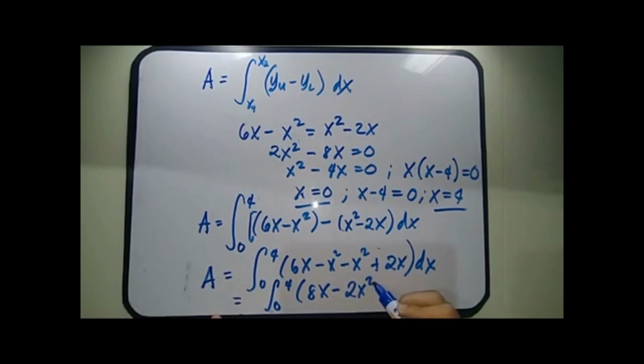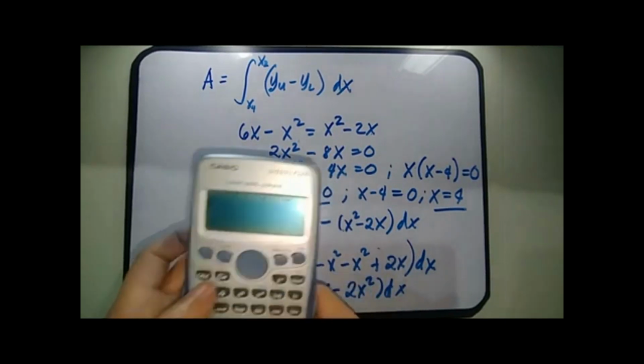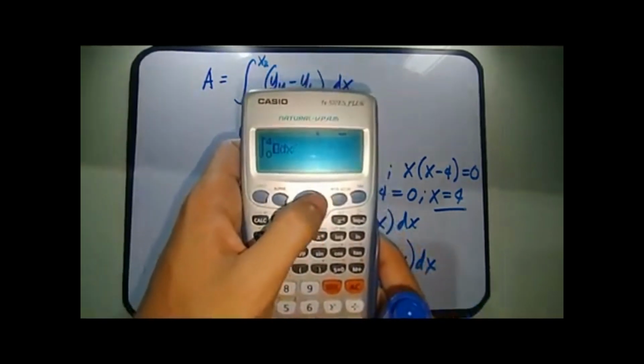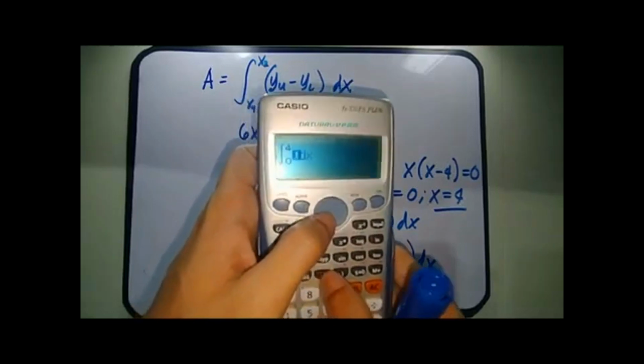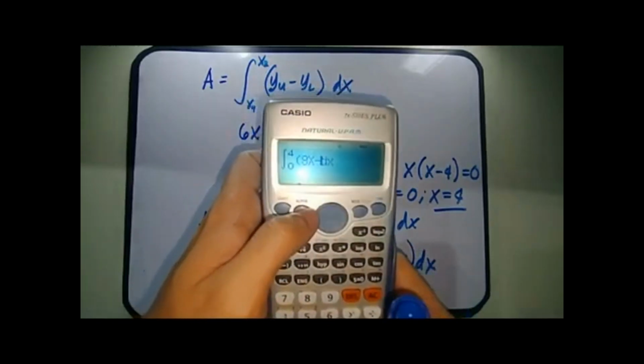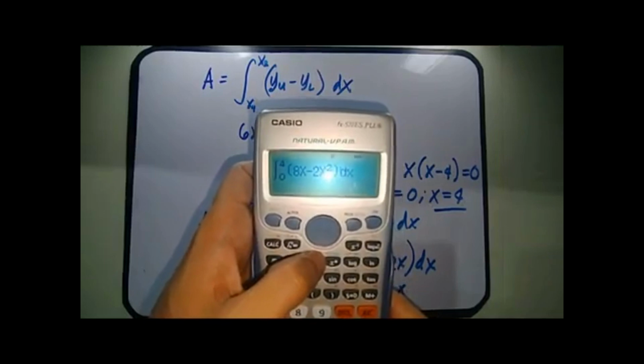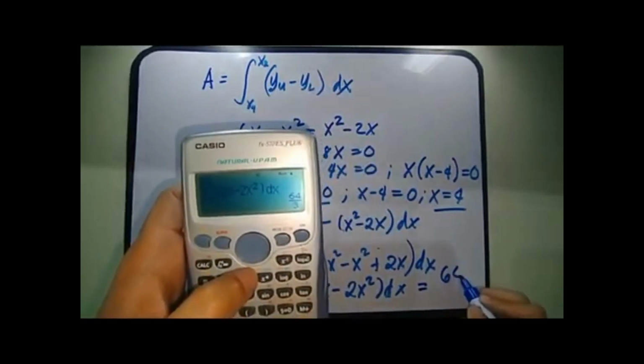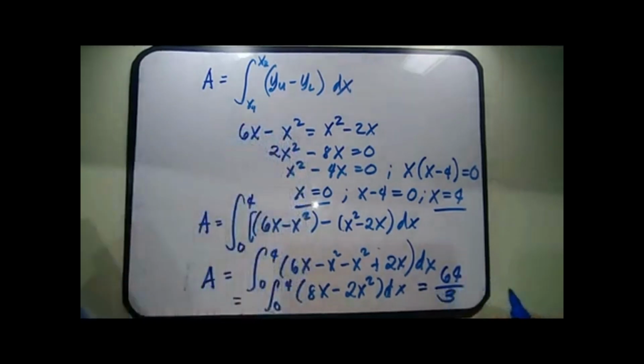We have here differential of x. So use the calculator to solve this. You can use power formula, but the easiest way is to use your calculator. So equals, we have here 64 over 3. So that will be our final answer. So that is 64 over 3 square units.